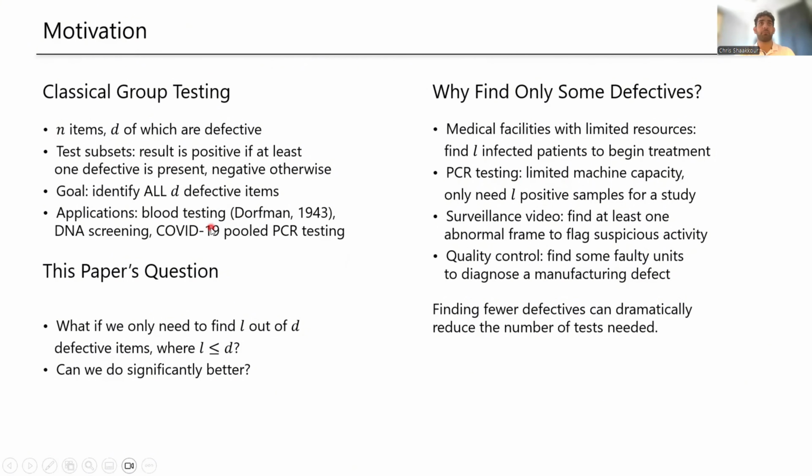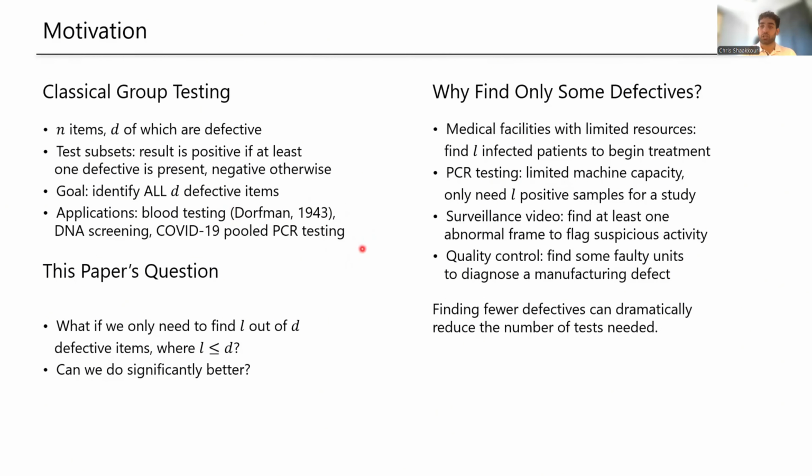The goal of this paper on detecting some defective items in group testing is to challenge this and not detect all the d items, but rather detect l, which is a smaller subset of the defective items. Why would we want to do this?